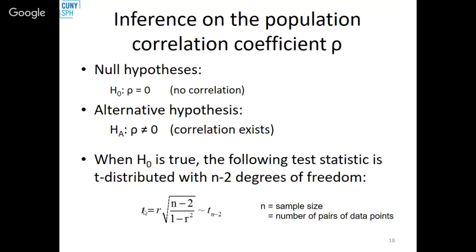I don't think I actually have a formula in here for doing it. But you certainly can calculate a 95% confidence interval on rho. Let me take a look to see if that formula is in the textbook, and I can post that for you later. Good question.